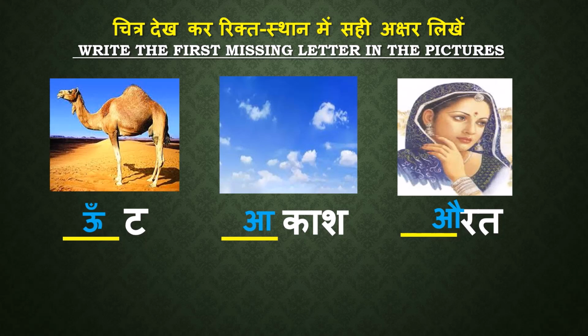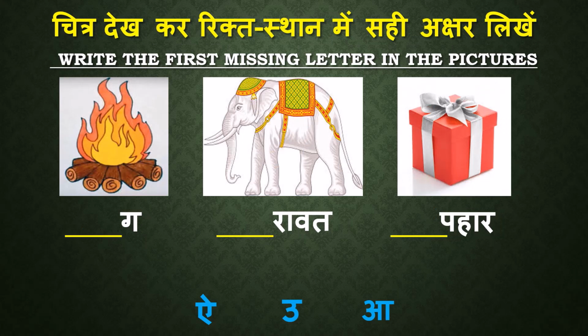Similarly, the next slide. The first picture is of fire, and fire in Hindi is known as Aag. Therefore, the missing first letter is A. Next picture. Can you guess the name? Yes, it is the mythological white elephant, and it is known as Airavat.